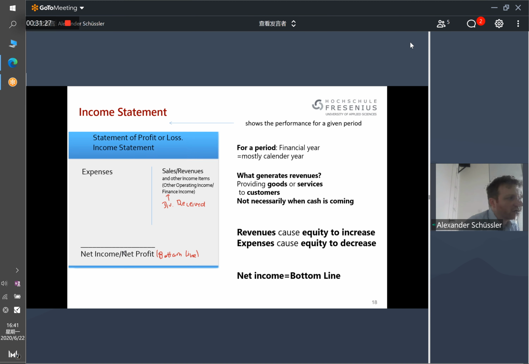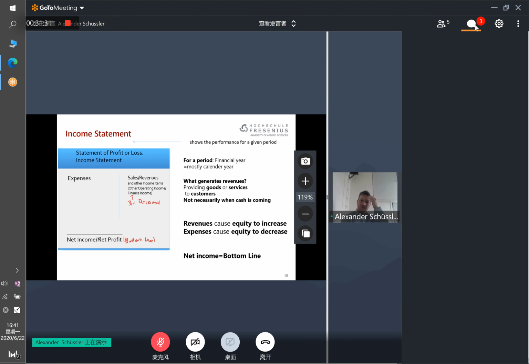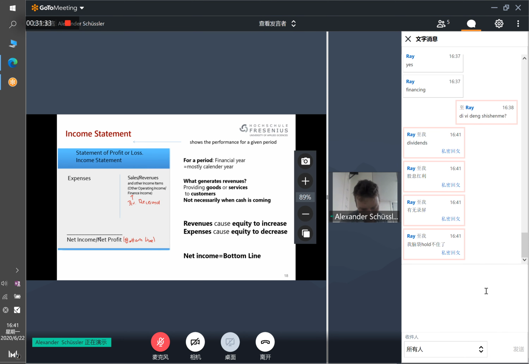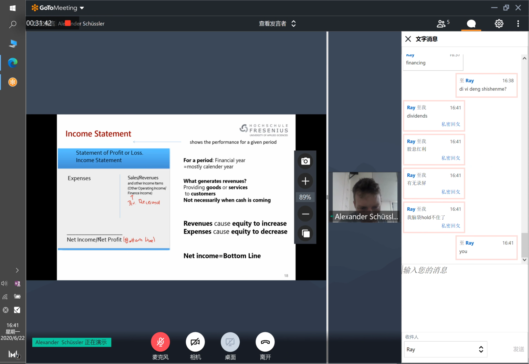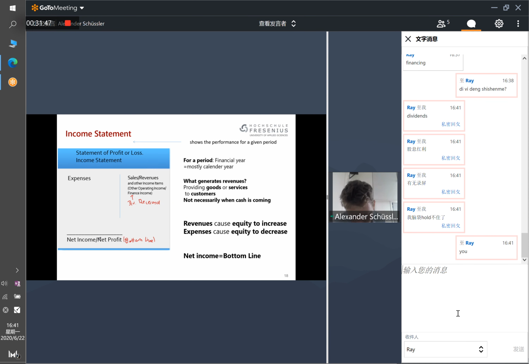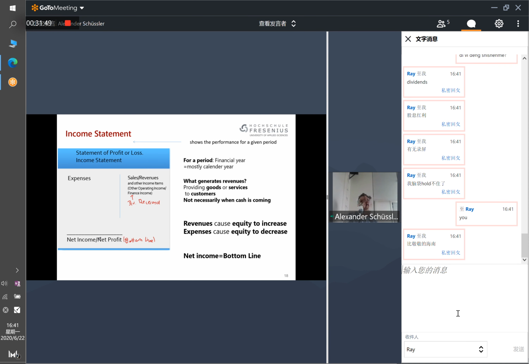What is important here is that the income statement shows the performance for a given period. It's not about a point in time, not a snapshot, as with the balance sheet. The balance sheet is about a snapshot in time, about the 31st of December, for example. But the income statement is for a period.